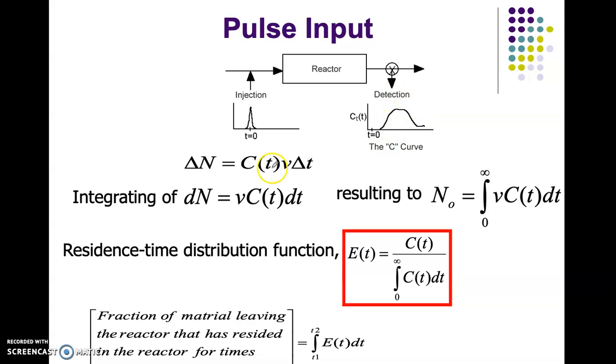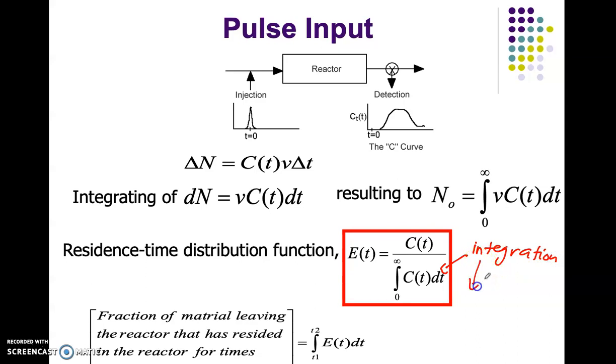Then you integrate it and put it into an equation. This is the formula for the RTD function: E(t) equals C(t) over the integration of C(t) dt from 0 to infinity. I believe that previously Provin has taught you how to solve the integration.